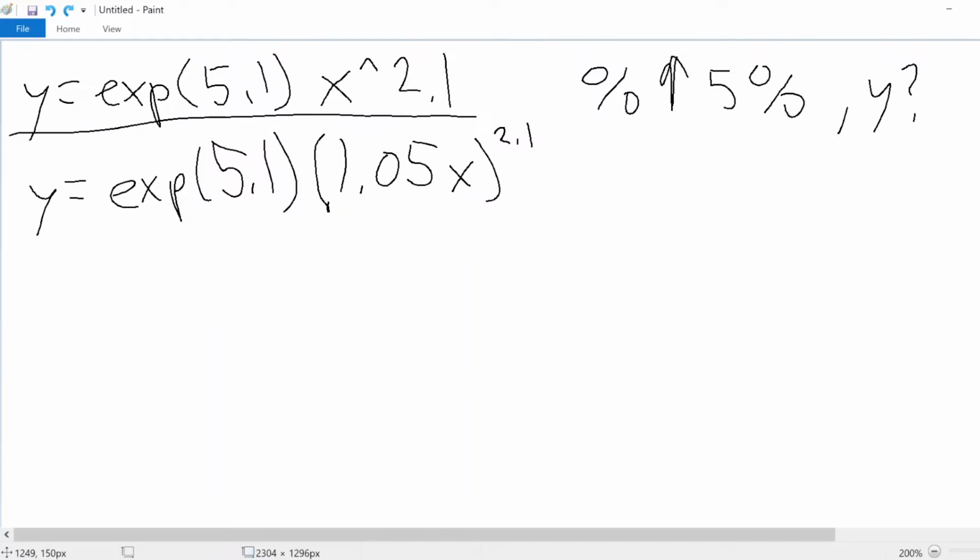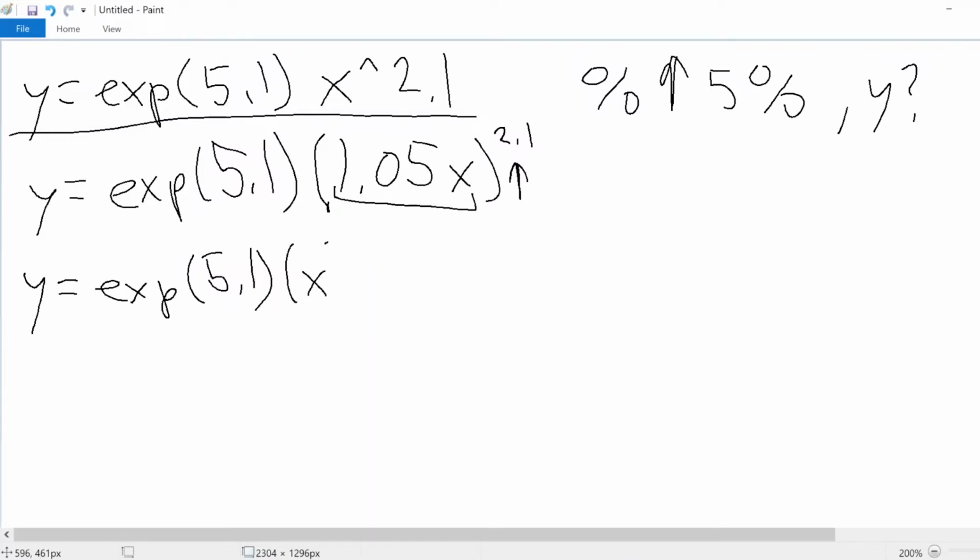Okay, so what do we do? If you remember from algebra, when a term like this has some power on the outside, that can be applied to both of the terms. So we'll write it like this.